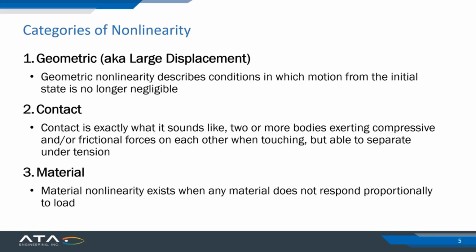But basically, your material is no longer proportionally responding to your load, so it's invalidating Hooke's law, any of those types of material models. So those are the three categories of nonlinearities that we're going to talk about. And conveniently, when we're dealing with these inside the Simcenter 3D interface, it breaks these things up into those categories accordingly.